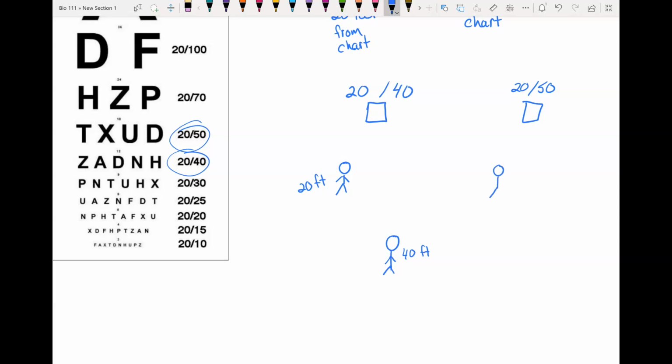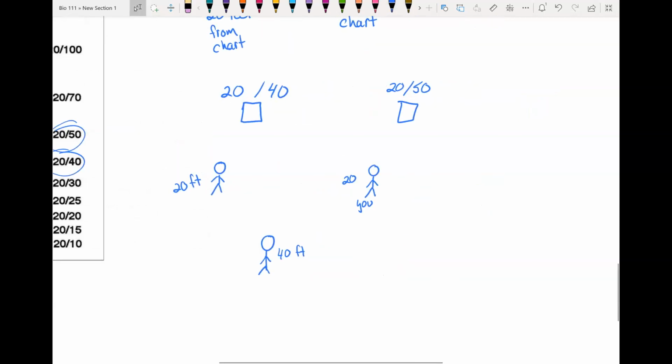Here's you, 20 feet away. The average person can be 50 feet away. So the average person can come all the way back here at 50 feet and read that line. You have to be at 20 feet to read that line. The average person can step all the way back to 50 feet and still be able to read that line.